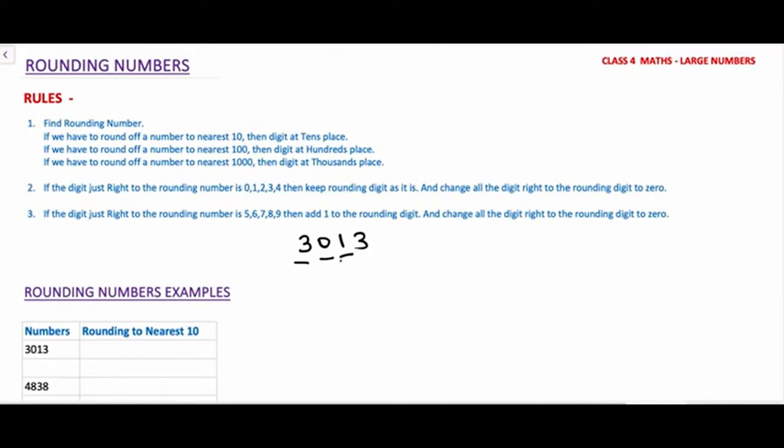We have to round off this number 3013 to the nearest 10. So the rounding number here will be 1. Now rule number 2 says if the digit just right to the rounding number, that is 3, is 0, 1, 2, 3 or 4, then keep the rounding digit as it is and change all the right side digits to 0.